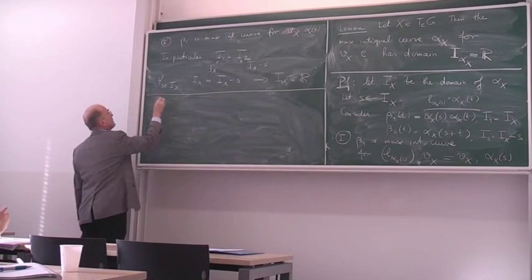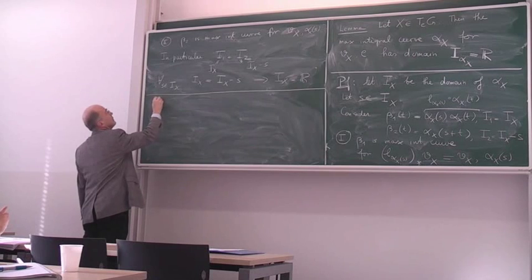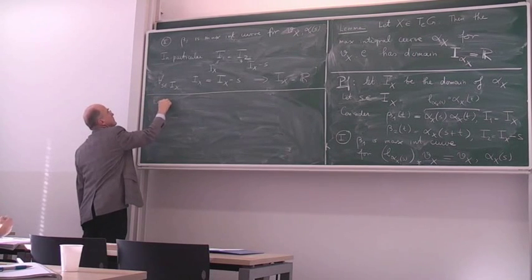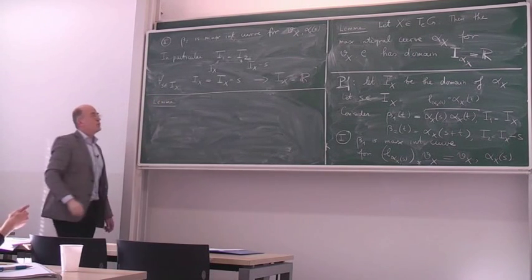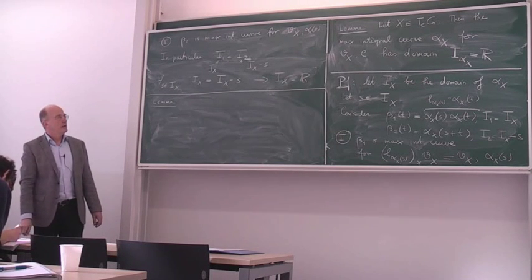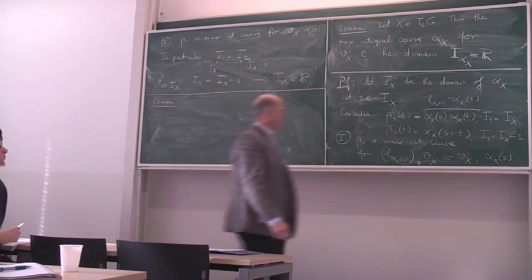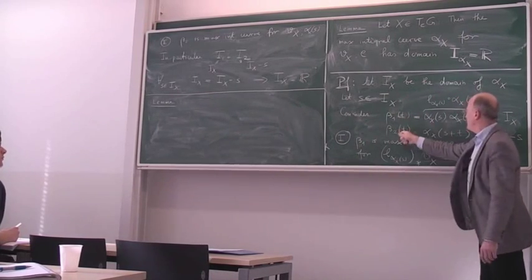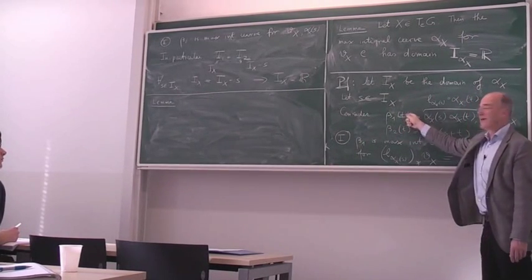But there is another important fact. So now that we know that the domain is everything, we don't have to worry about the domain anymore. Let's have a look at what we established. We established the identity of these two elements.